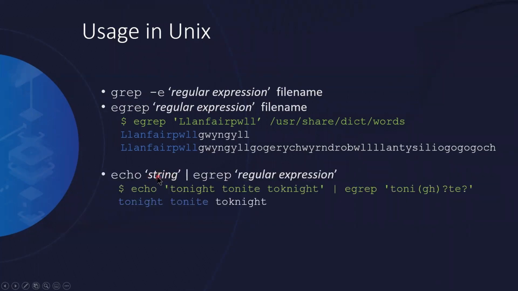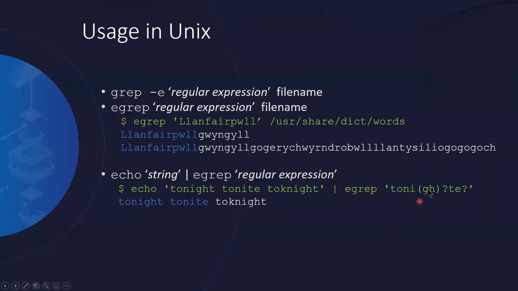So what I could do here, I'm echoing a string, and I'm piping the output into egrep, and I'm looking for a regular expression. So, for example, I'm outputting the phrase tonight, the British spelling, tonight, the American spelling, and tonight, a ridiculous spelling.